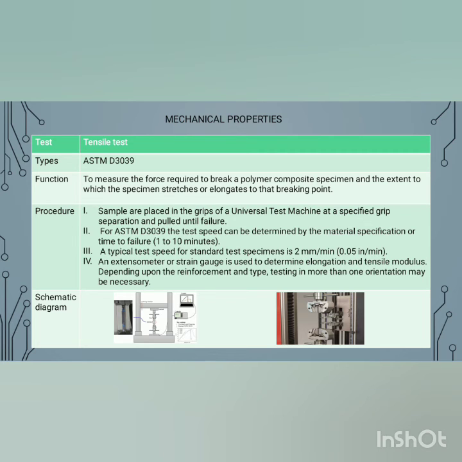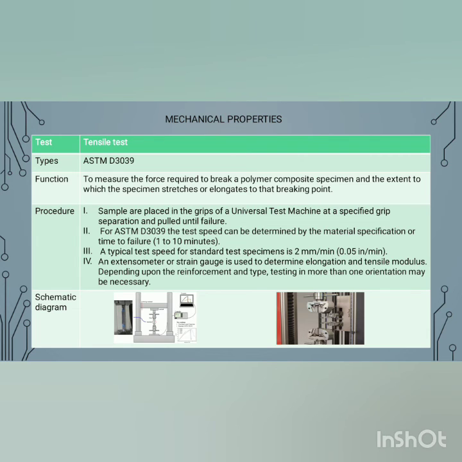For ASTM D3039, the test speed can be determined by the material specification or time to failure, 1 to 10 minutes. A typical test speed for a standard test specimen is 2 mm per minute. An extensometer or strain gauge is used to determine elongation and tensile modulus.